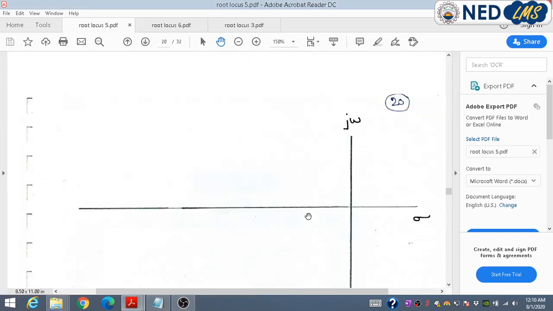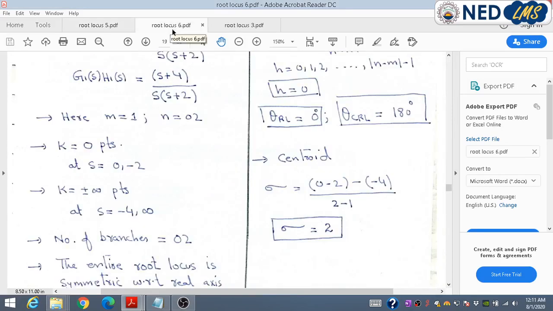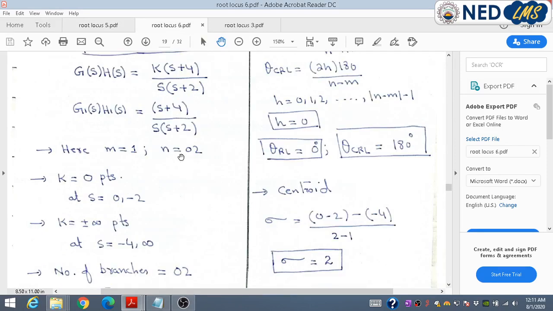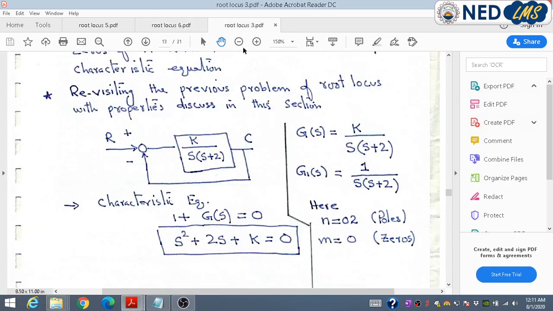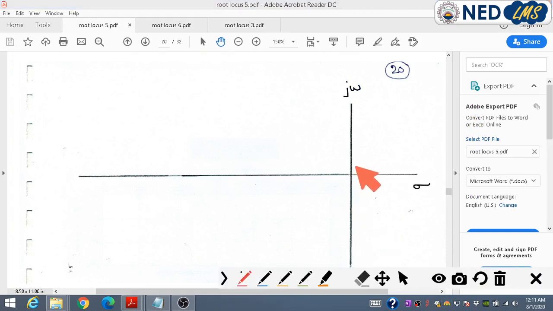After reaching the centroid, it would be better to start the sketch of the root locus. First of all, we have to map poles and zeros. In our case, the poles are at 0 and -2. And what would be the value of control gain here? Here the control gain is 0.